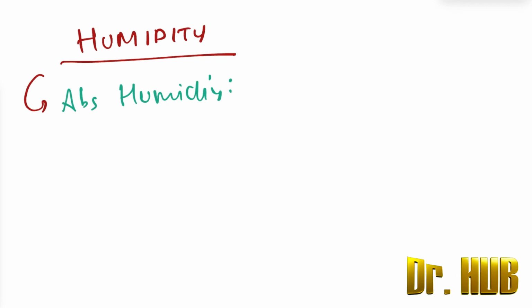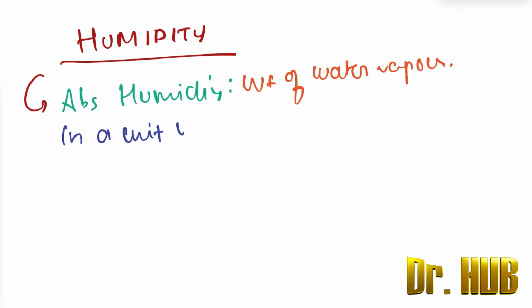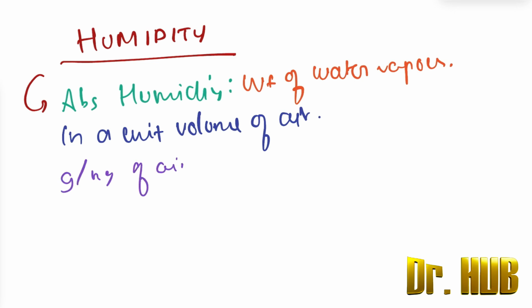Absolute humidity is nothing but the weight of water vapor in a unit volume of air. And what is it expressed as? It is expressed as gram per kg of air or gram per meter cube of air.